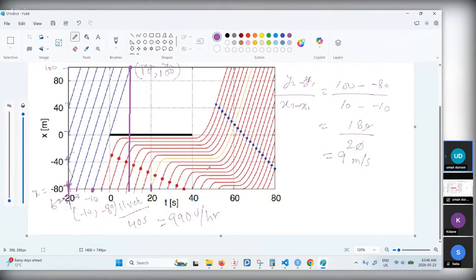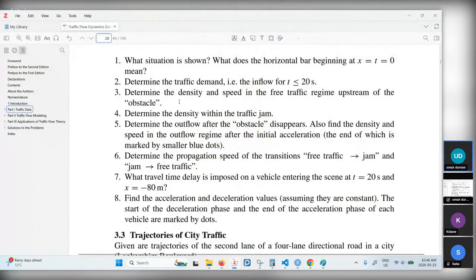So that would be 4 vehicles divided by, this is 180 meters. Okay, so 9 meters per second and 4 divided by 180 for density. Let's see the solution.